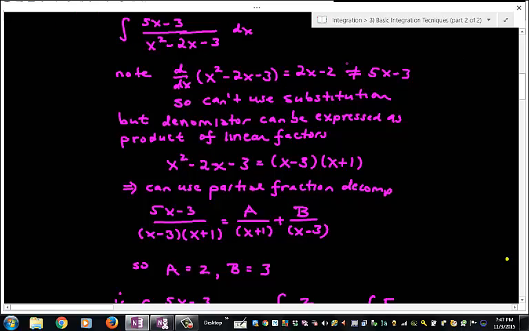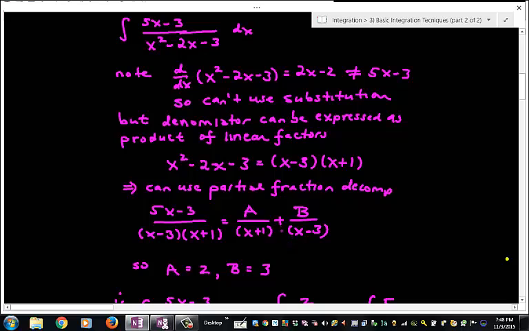The easiest way is to do the cover-up method, where you basically take one of the factors, say x plus 1, multiply through by it, and you see what's going to happen when you let x be equal to negative 1. The term with b will go to 0, and then you just get a is equal to, and the left-hand side will be 5x minus 3 over x minus 3, just substitute in minus 1, and you'll get a is equal to 2. Okay.